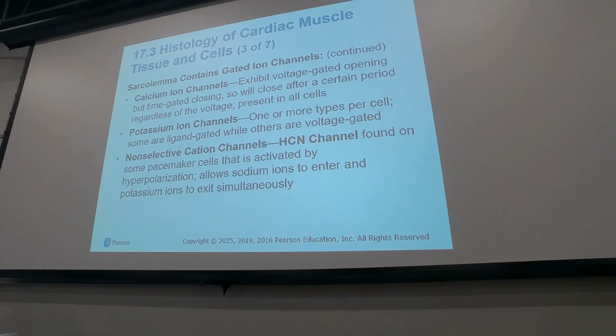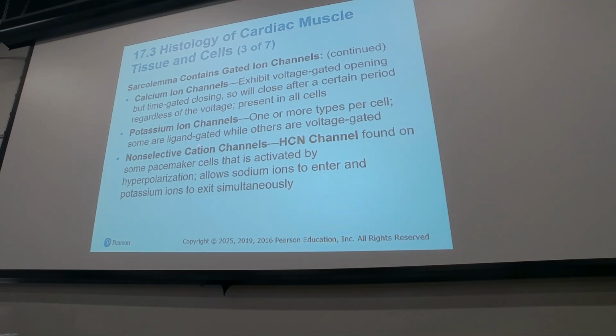And then we have potassium channels that are either ligand-gated or voltage-gated. Voltage-gated, again, is when they open at a specific electrical voltage. And ligand-gated is when they're bound by a neurotransmitter, for instance.